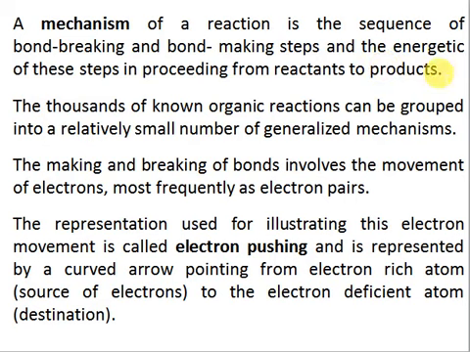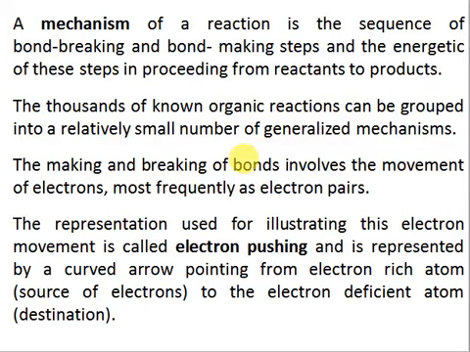So there are thousands of organic reactions, such as esterification, saponification, imide formation, addition, elimination, etc. But on the basis of the mechanism of these reactions, these thousands of reactions can be grouped together into a relatively small number of generalized mechanisms, right? Whatever the reaction, just remember that all types of reactions involve making and breaking of bonds.